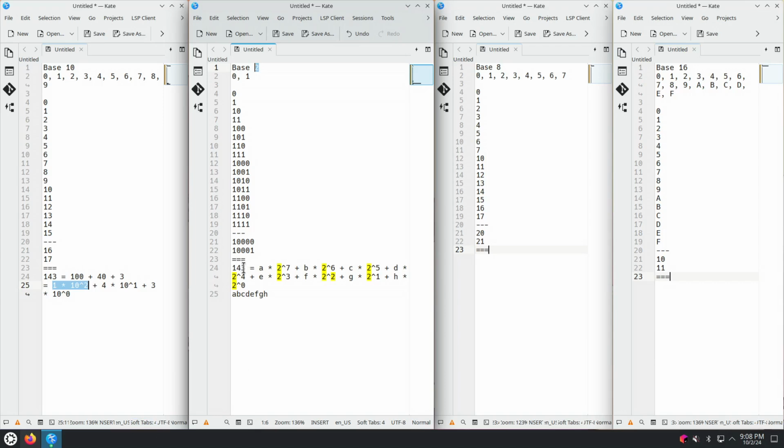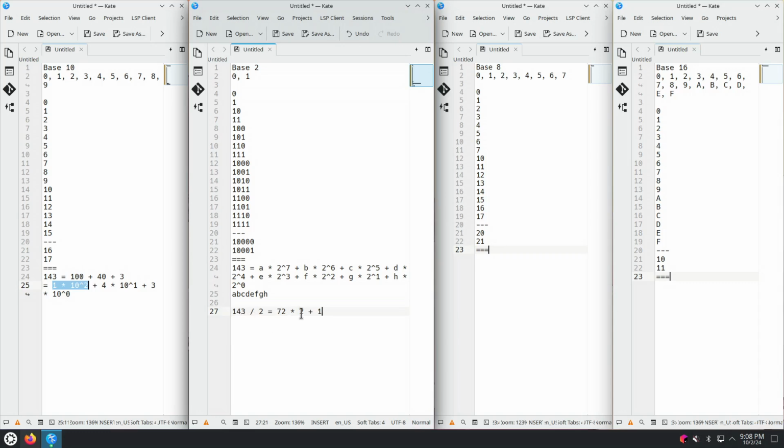So 143 divided with modulo, so integer division, by 2 is 71, that's 71 times 2 plus 1. Let's compute again.